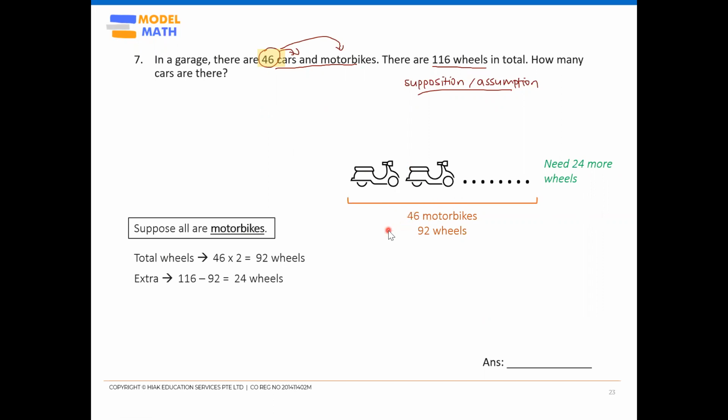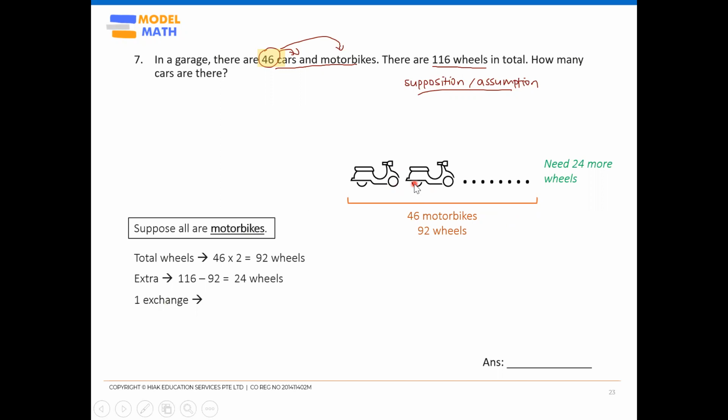And to do that, we can actually exchange our existing motorbikes to cars. Because by doing an exchange from motorbike to car, that's how we achieve an increase in the number of wheels, because cars, of course, have more wheels than a motorbike. Okay, so we are going to show one exchange.